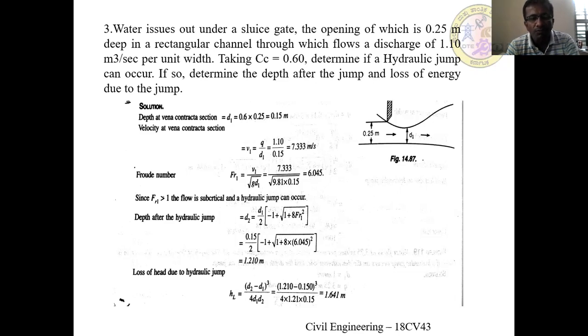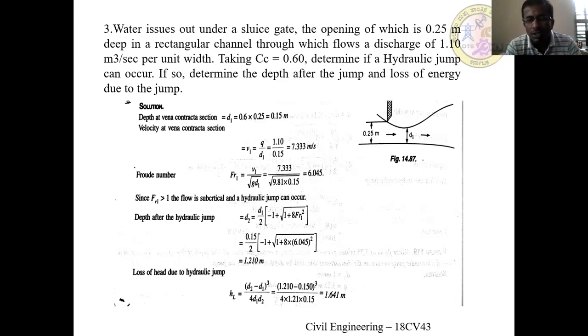So once you know the value of V1 and D1, it is possible to determine the Froude number. F1 equals V1 by root of g D1. We know V1 is 7.33 and D1 is 0.15, and substituting, you get a Froude number of 6.045.